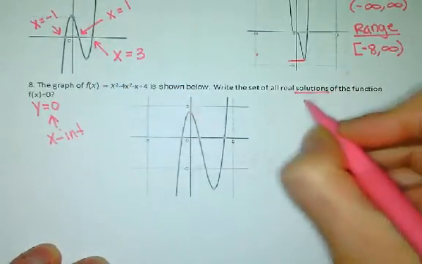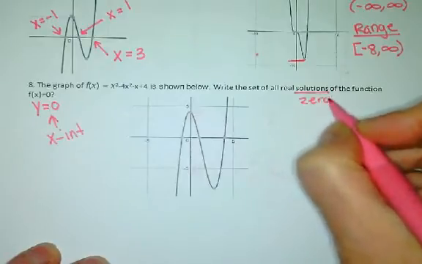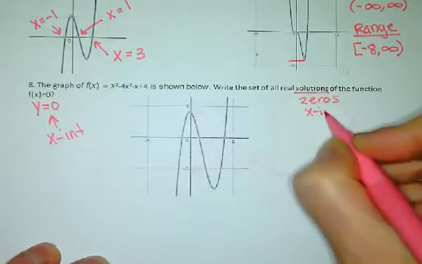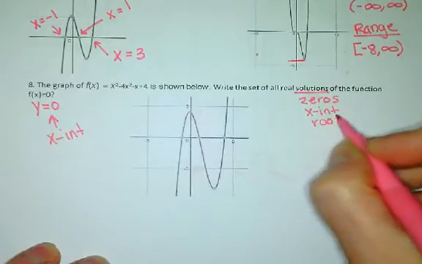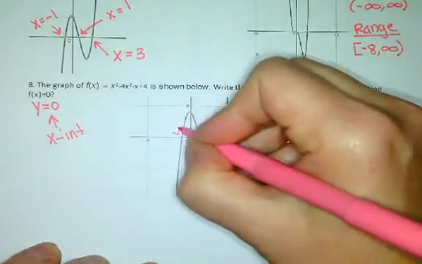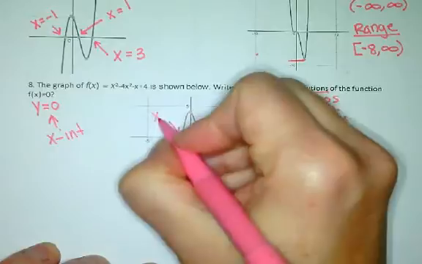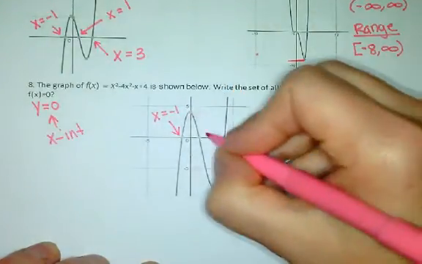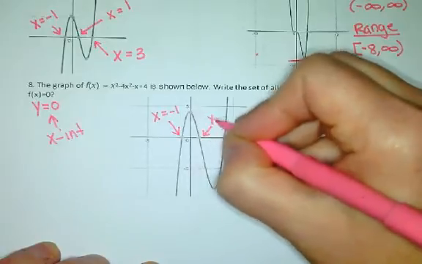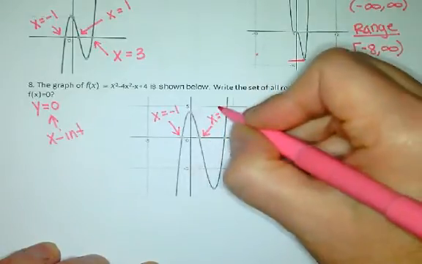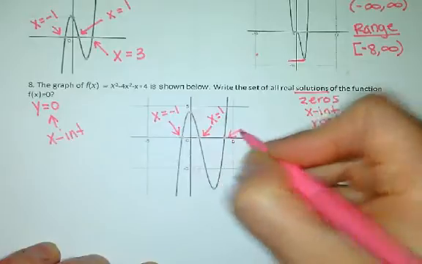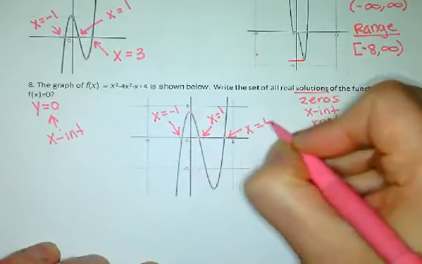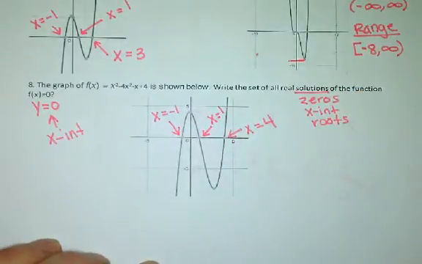And again, just like we talked about earlier, your solutions are just your zeros, your x-intercepts, and your roots. So here, I can tell that it's going to be x equals negative 1. On this one here, you're going to have x equals 1. And on this one, x will equal 4.